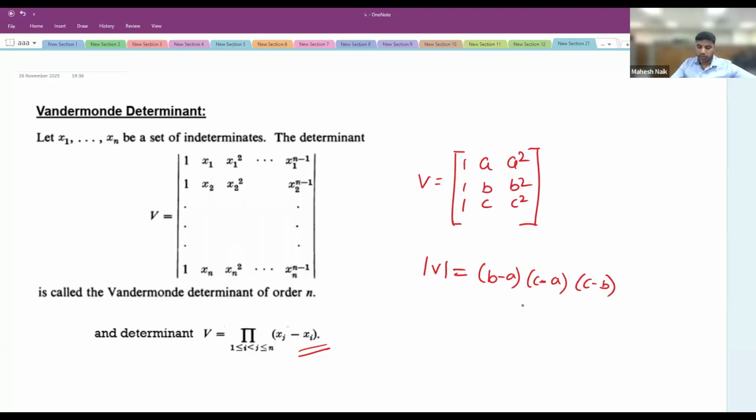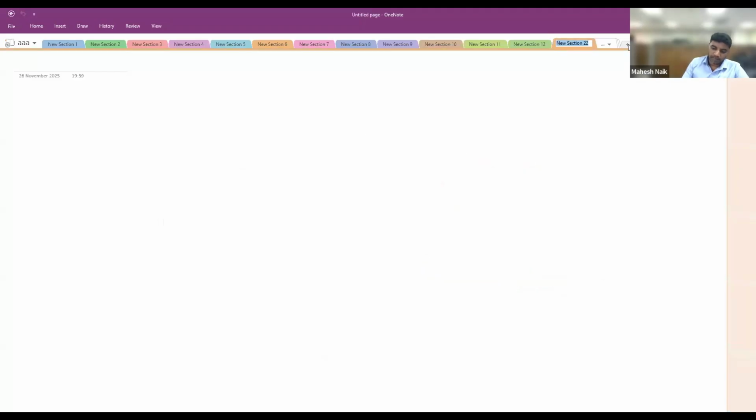Okay, so let's proceed further. Now let's talk about singular matrices. After this we can proceed with rank and then the system of equations.